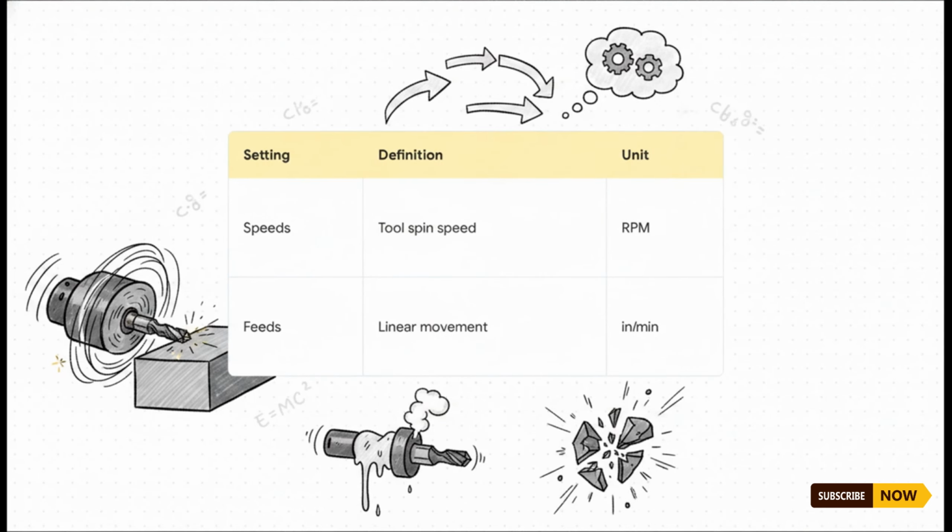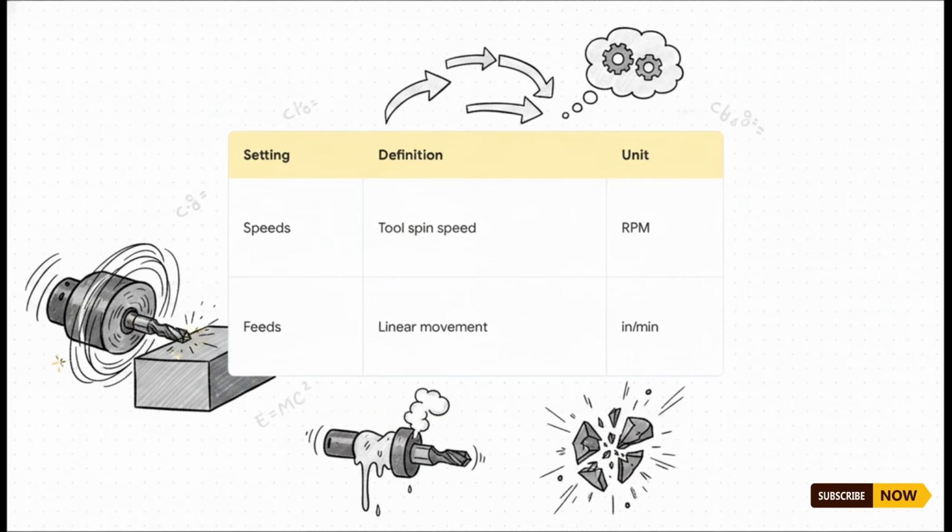Setting up these toolpaths isn't just about drawing lines on a screen. It is fundamentally about the math and physics of cutting metal. And that all comes down to balancing speeds and feeds. Speed is how fast the spindle rotates the tool, measured in RPM. Feed is the linear movement, basically how fast the tool is being forcefully pushed through the material, measured in inches per minute.